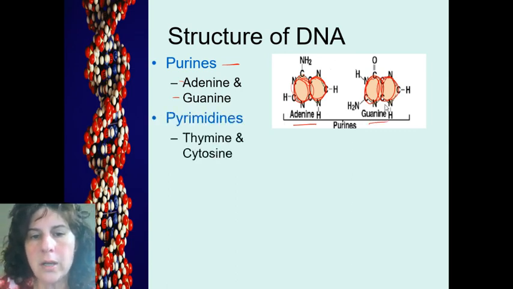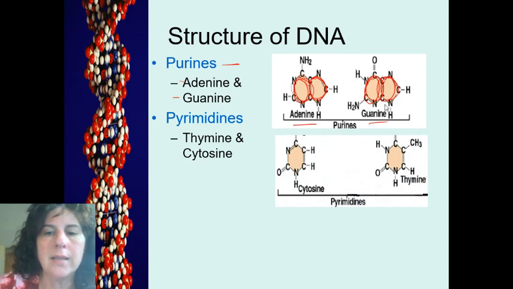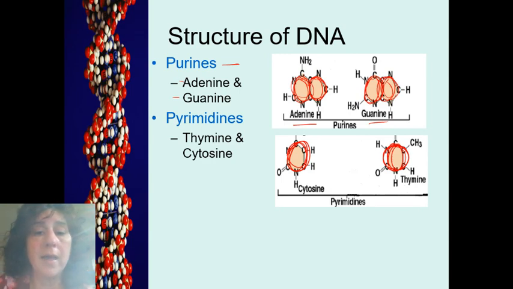And then we have this other group called pyrimidines that only have a single ring. So here's the single ring. Notice they all have stuff coming off of them, hydrogens, carbons, whatever, but it's that central base that we're talking about. So purines are a double ring structure and pyrimidines are a single ring structure, and that includes the bases thymine and cytosine. So now we've categorized them into two groups.